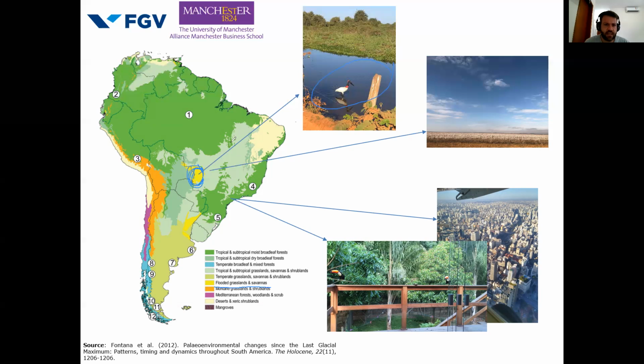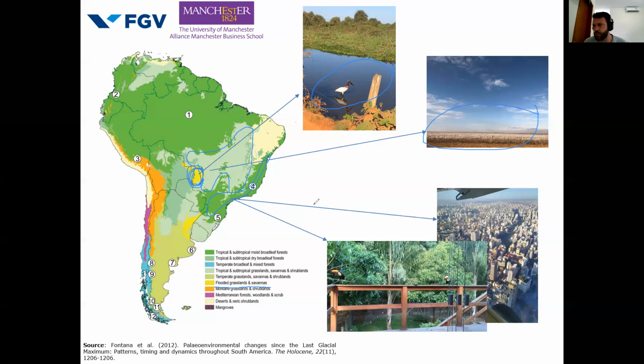Okay, as I said, this region here of Cerrado or Brazilian Savannah is where we have the most important agricultural region in the country and in South America. Okay, here you can see a plantation of cotton.